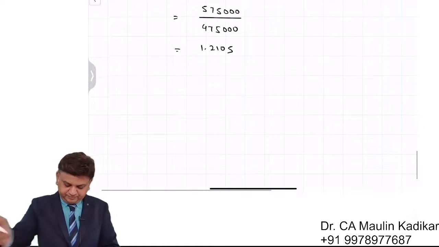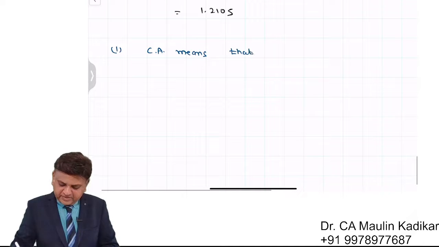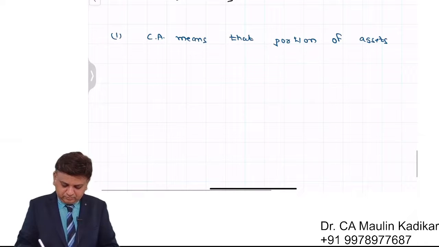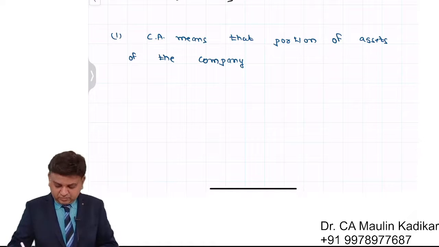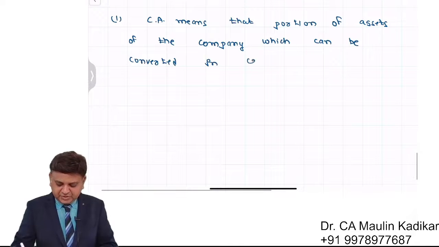Please write down answer. First point, current assets means that portion of assets of the company which can be converted into cash within 1 year.